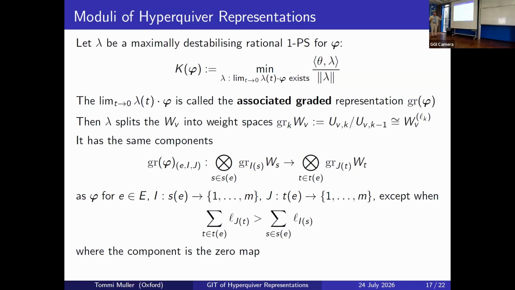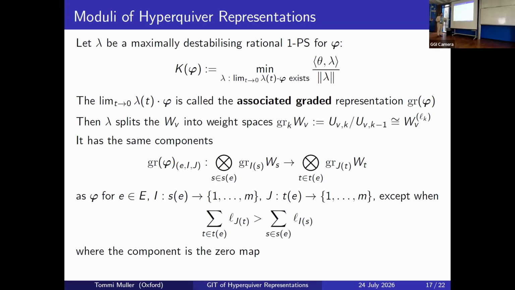Then all of these components are the same as those of phi, except when you have this strict inequality. So in our definition of admissible acute filtration, there was a greater than or equal to, but when the sum of the weights of the target is greater than the weight of the source, the component of the associated graded is 0. So the limit basically zeroes out all the components of phi for which this inequality occurs.